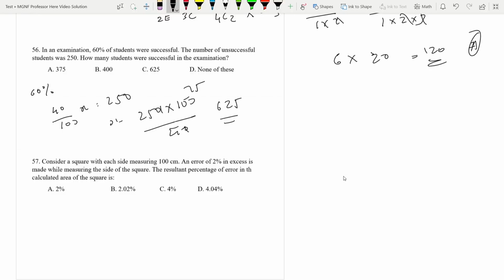Now 60% were successful, which means 60 by 100 into 625, which gives 375. Option A is the answer.